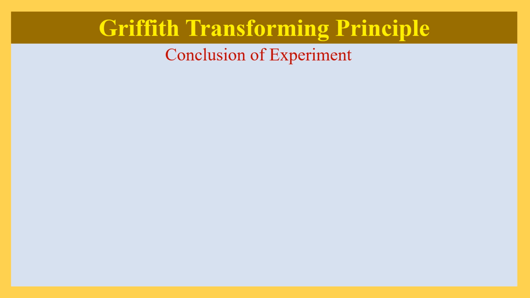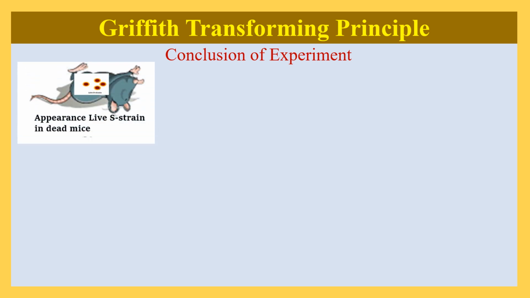Conclusion of experiment. Griffith took the dead mice and dissected the body. Inside the body of the dead mice, he found live strain. In the last step, he injected heat-killed strain and live R strain. He did not inject the live S strain, but in the body of the dead mice, live S strains were found.